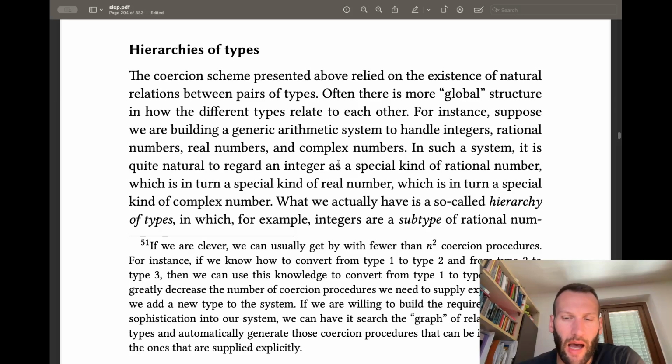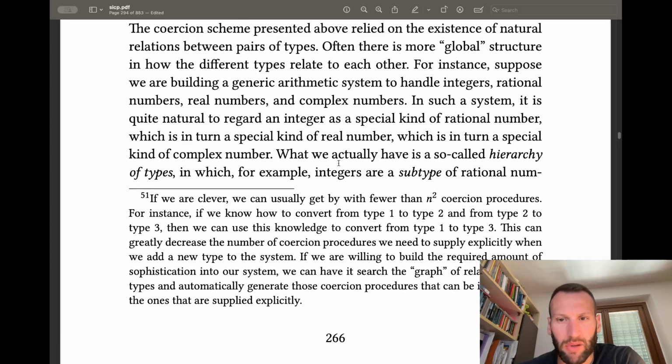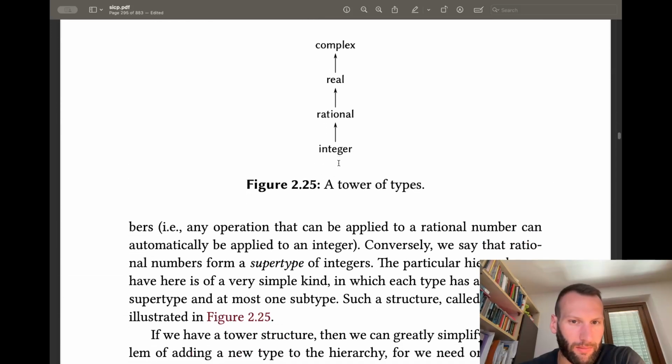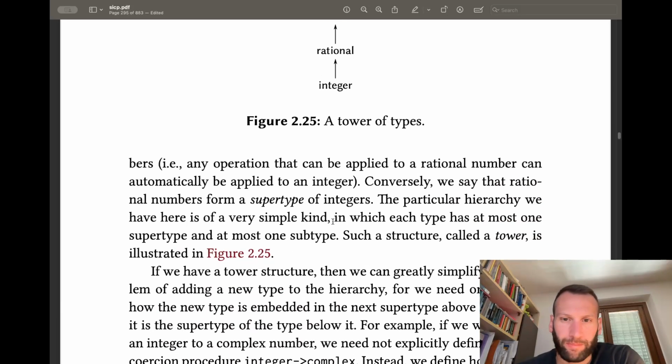What we actually have is a so-called hierarchy of types, in which, for example, integers are a subtype of rational numbers. A tower of types. The idea is any operation that can be applied to a rational number can automatically be applied to an integer.